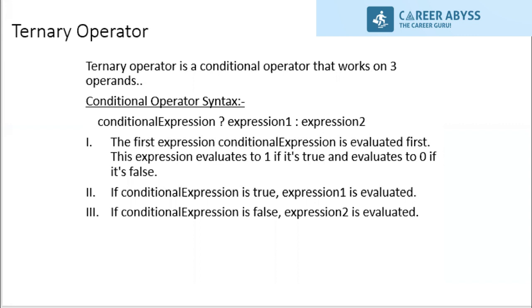In that case, we are using tertiary operators like in an expression: a condition with expression 1 and expression 2, so there are three operands. The first expression is the condition, which is evaluated first, then expression 1 or expression 2 is evaluated depending on whether it is true or false, and that's how it is called a tertiary operation or operator.